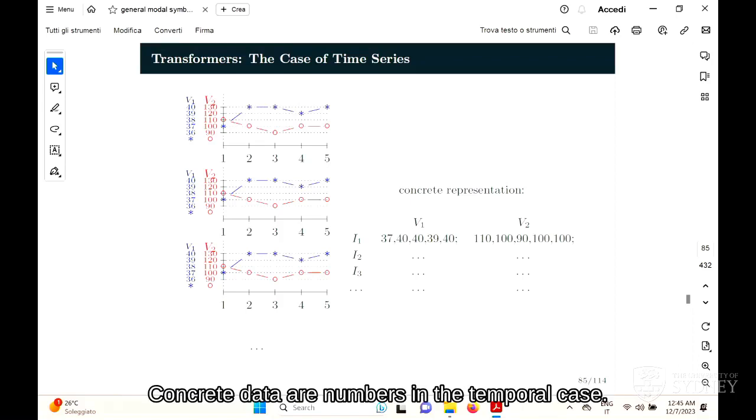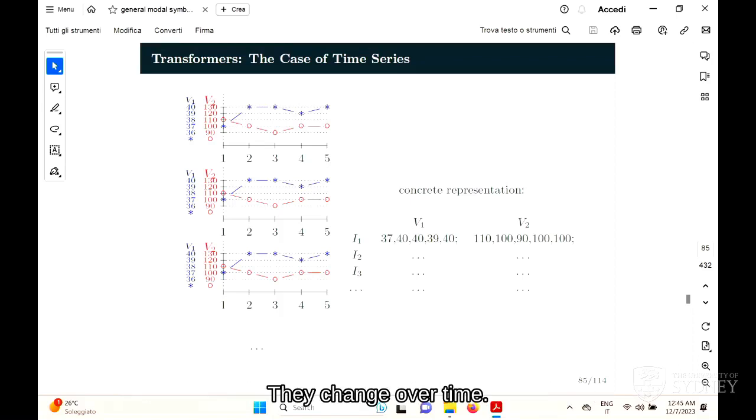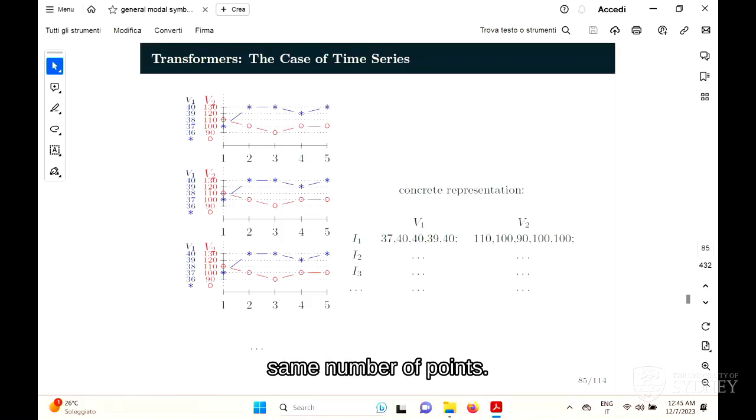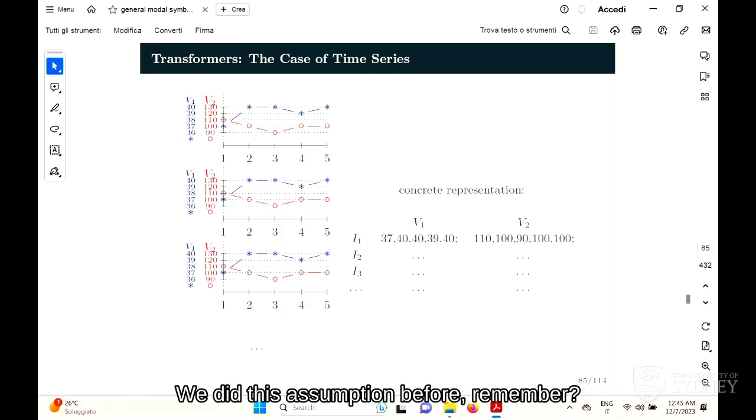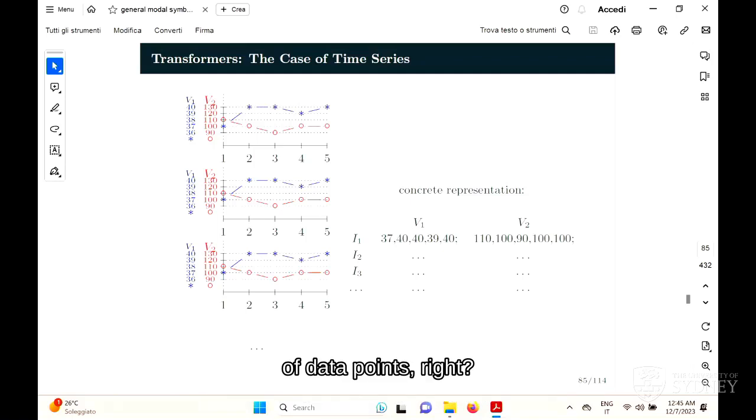Concrete data are numbers. In the temporal case, they change over time. I can assume that all of them have the same number of points. We made this assumption before, remember? So for your sensor, you measure the same number of data points.